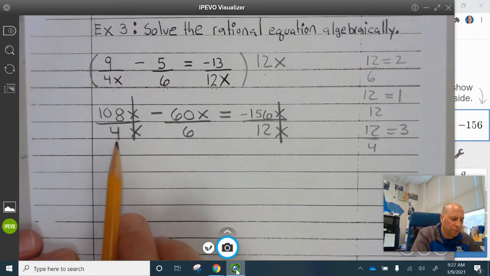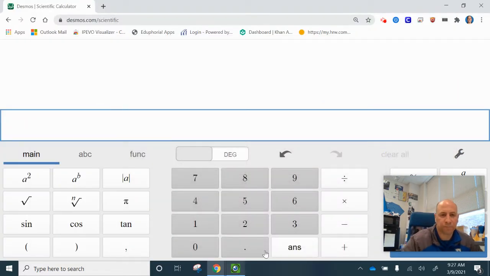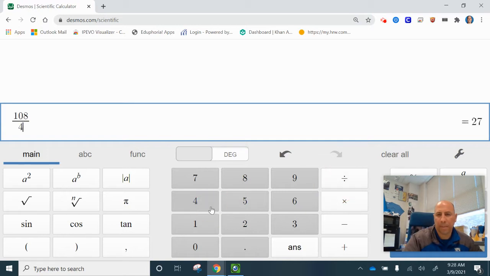So now we just need to do 108 divided by 4, which is 27.